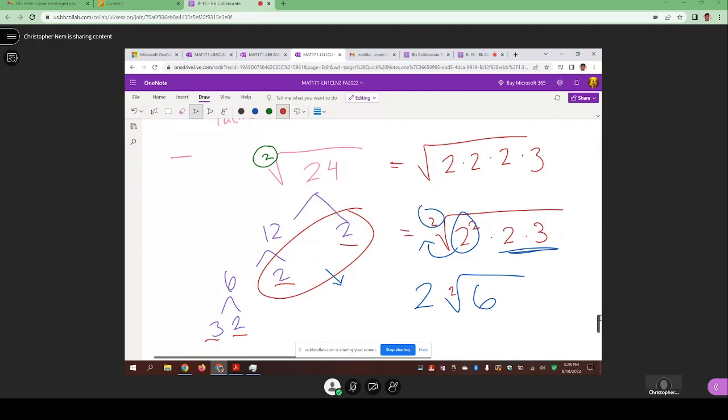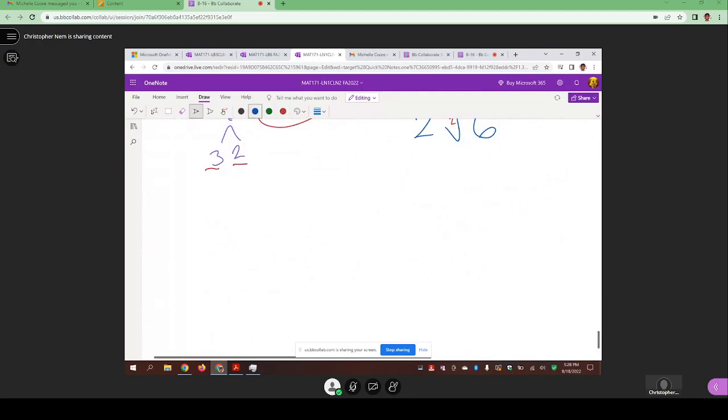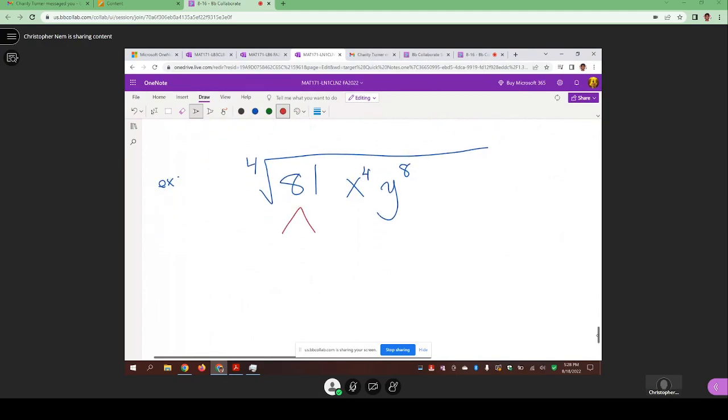Moving forward, let's say we have something even bigger. So, for example, 81 x to the 4th, y to the 8th power, the 4th root of all of that. Well, let's do our factor tree. The factor tree of 81 is 9 and 9, 3 and 3, 3 and 3.